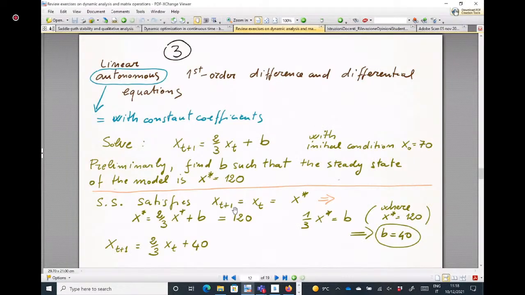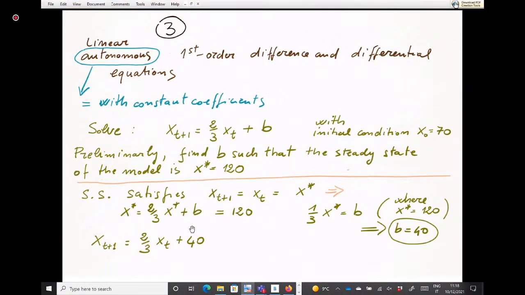Now, I impose xt plus 1 must be equal to xt, and of course writing this is sufficient, but we impose it as constant as a consequence. So x star is equal to 2/3 x star plus b. And we want this to be equal to 120.